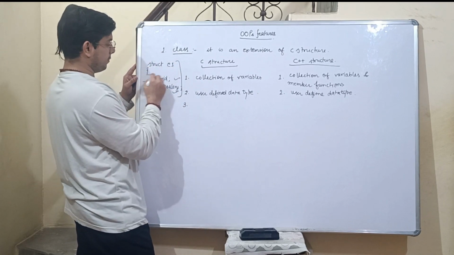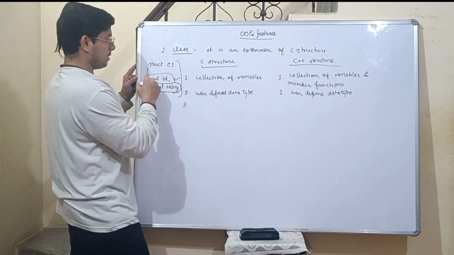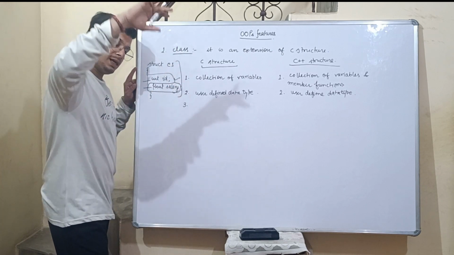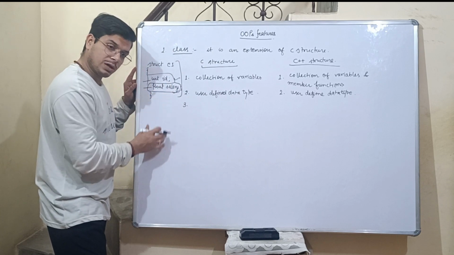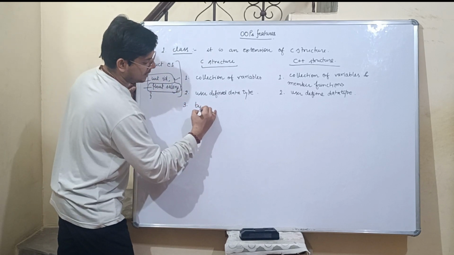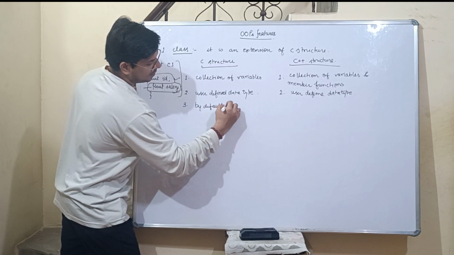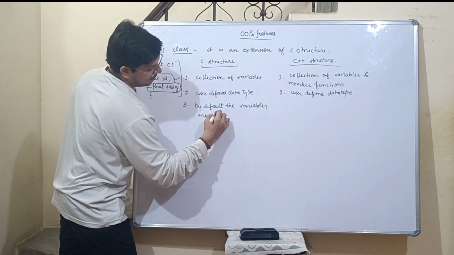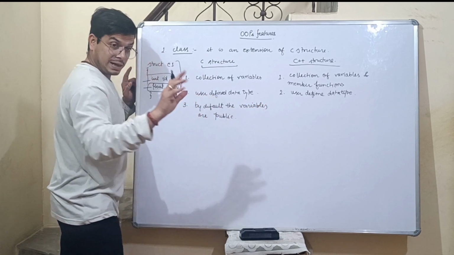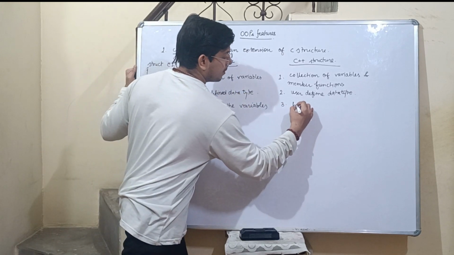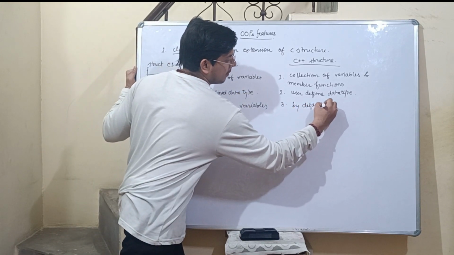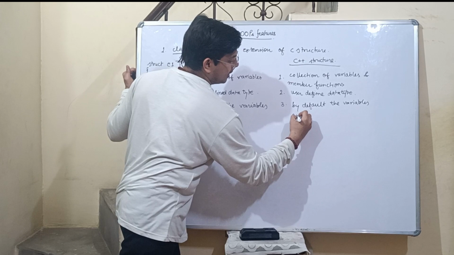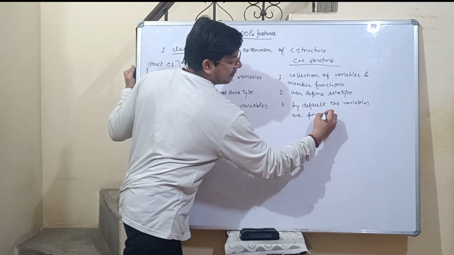By default in the C structure, just focus, these variables what we have used in C is publicly accessible throughout the program. So third is, by default the variables are public, but in C++ structure by default the variables are private.